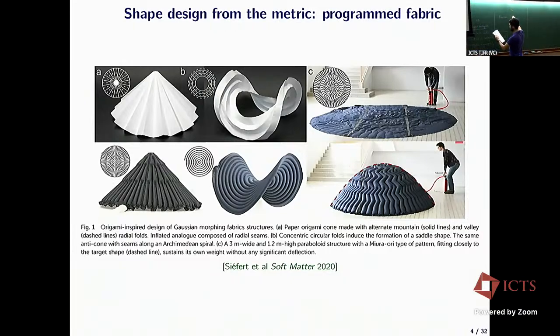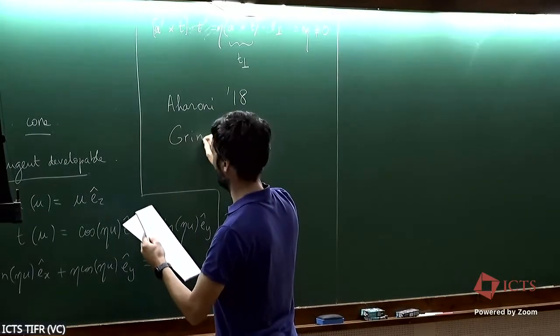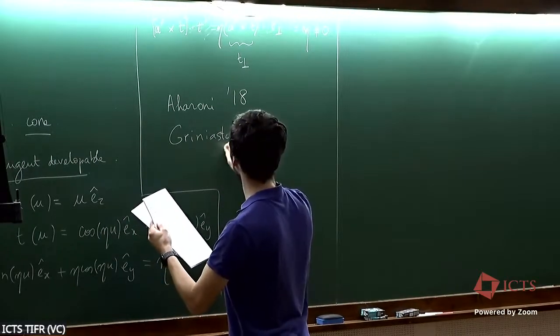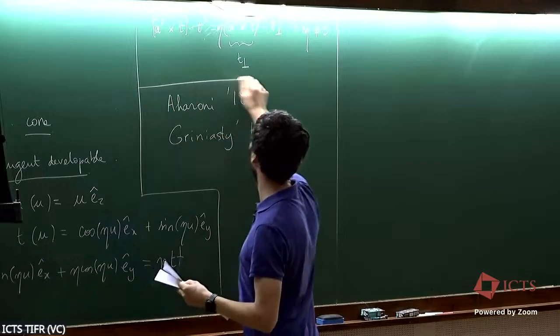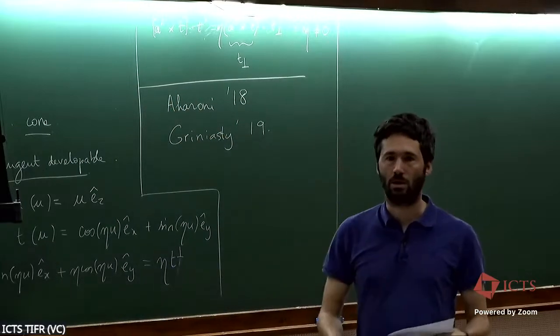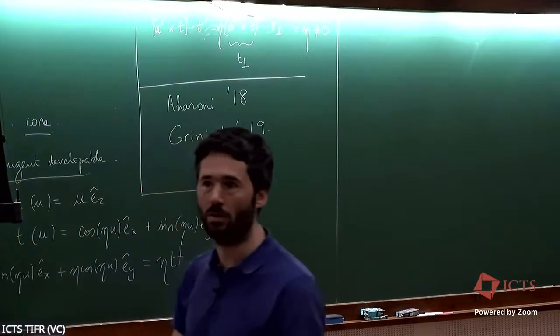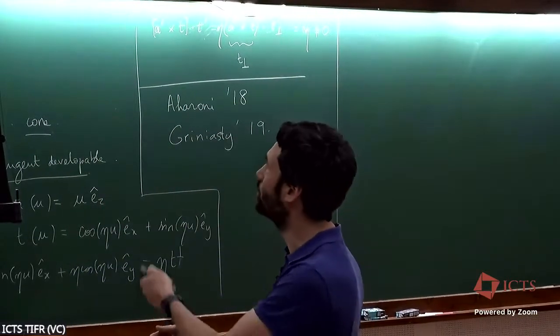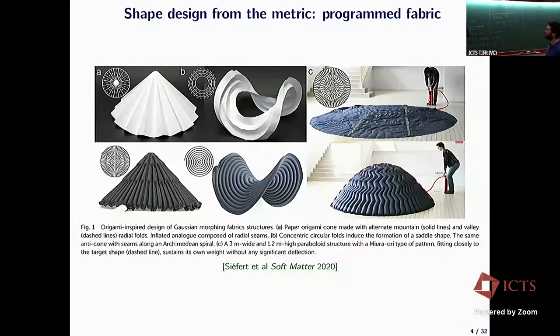The paper by Aronni 18 and Mirzaali and collaborators 19 have shown that you can solve the equation for how to design your metric. This kind of metric, a metric that has a local director everywhere, can recover any shape.